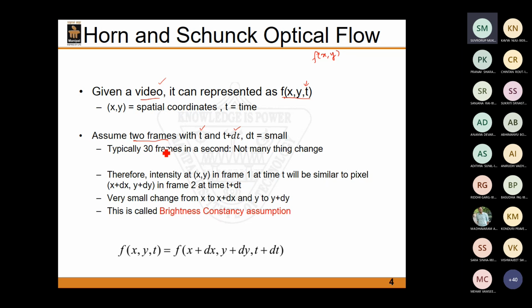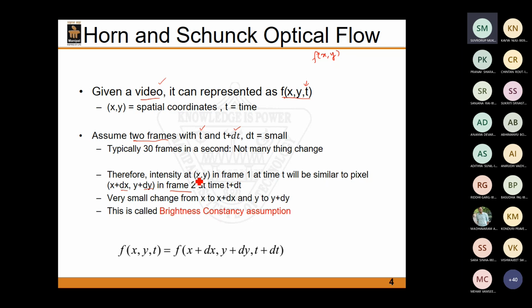So therefore I can say the intensity at xy in frame 1 at time t will be similar to the pixel intensity at x plus dx, y plus dy in frame 2 at time t plus dt. That means after a displacement of dx along the x direction and dy along the y direction, let's say this is the particular pixel location in frame 2.